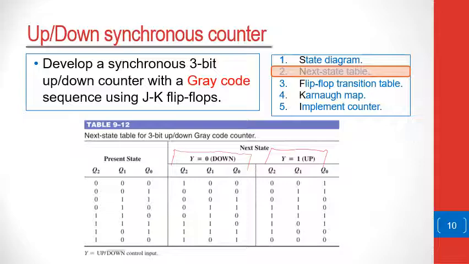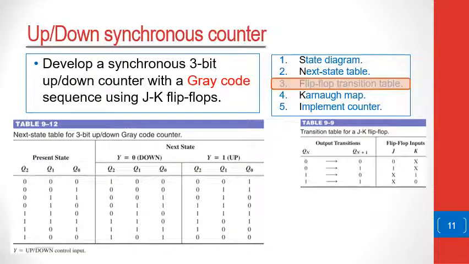So if the present state is 000 for that Gray code counter, then when the count is downwards, it will go to the final count, which is 100. Otherwise, if the up count is high, that is the Y input is high, it will go to 001. So it's a bit unconventional there, but the process is the same.